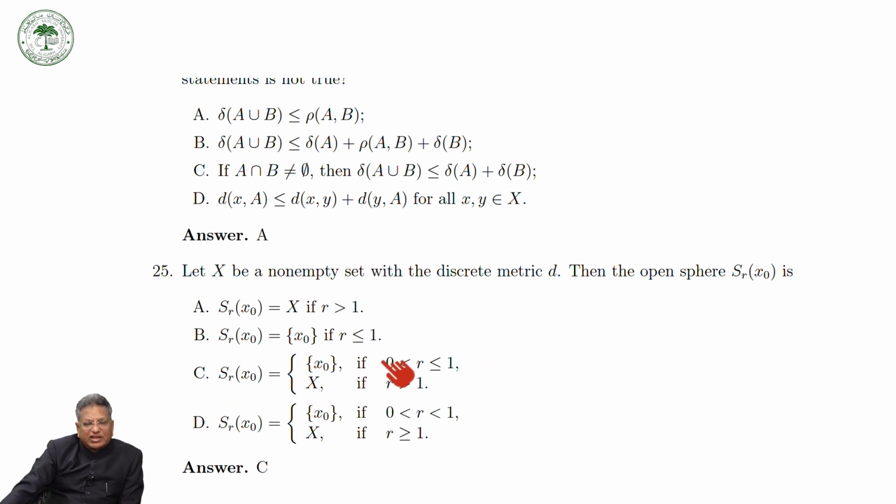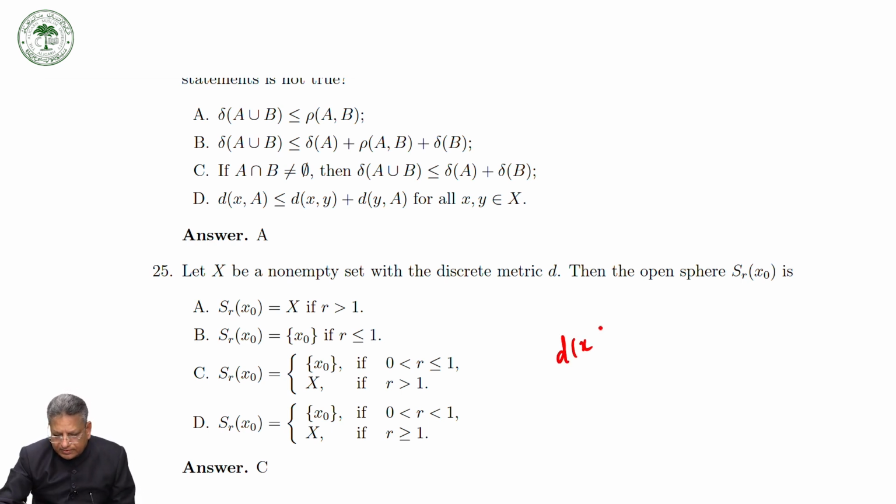You can verify very easily. In the discrete metric, dxy is equal to 0 if x is equal to y, and 1 if x is not equal to y. So this is the metric.